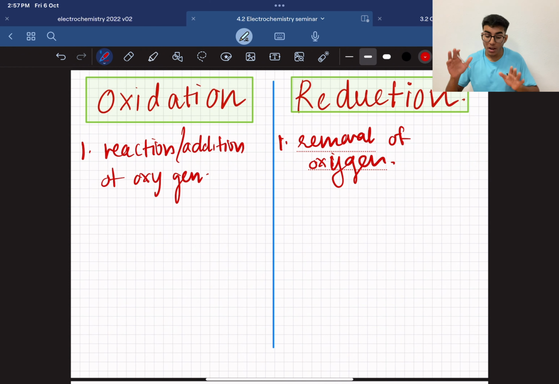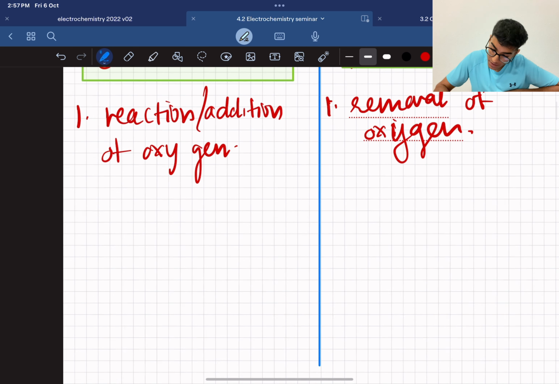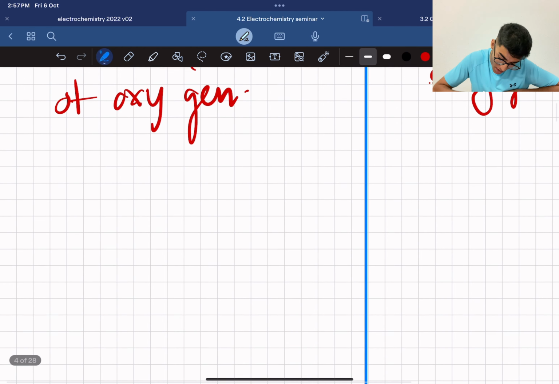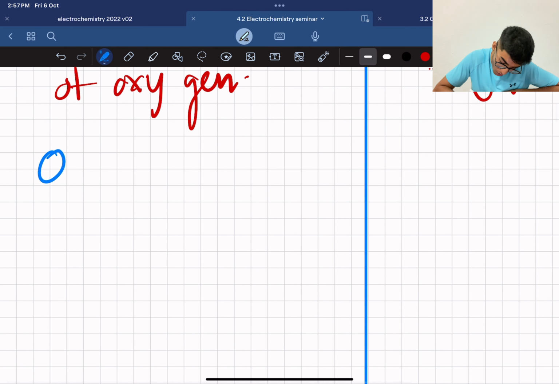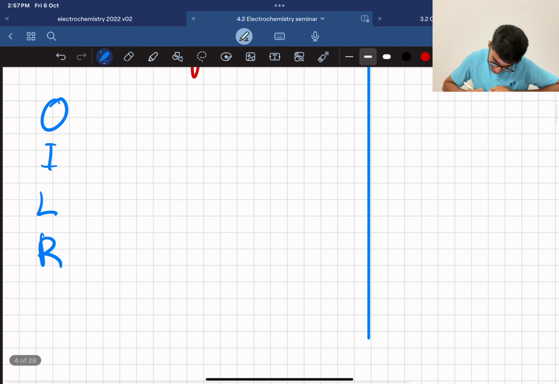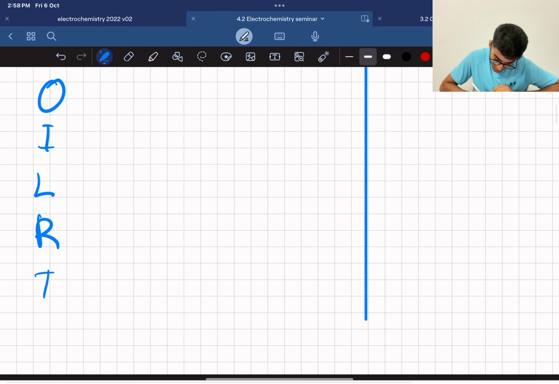Simple. Now, there's another way to define this in terms of electrons. For that, I want to teach you a mnemonic. I'm just going to write here: OIL RIG. What does this mean?